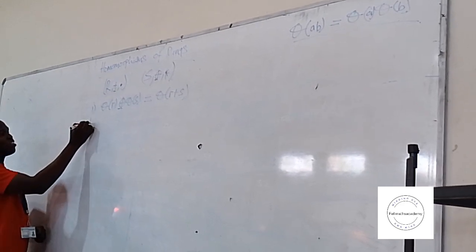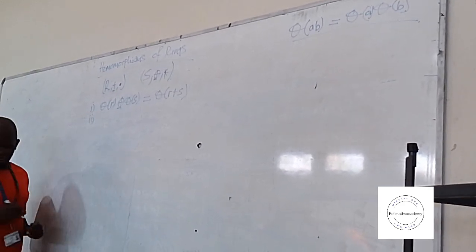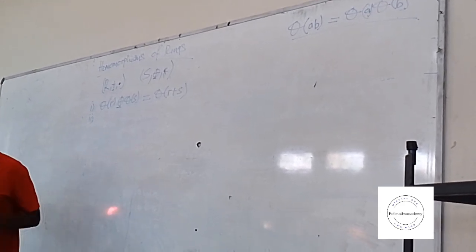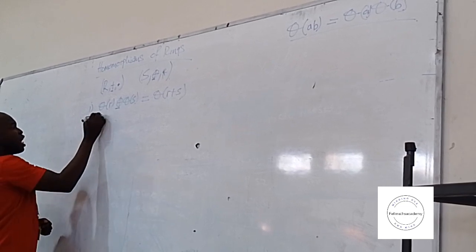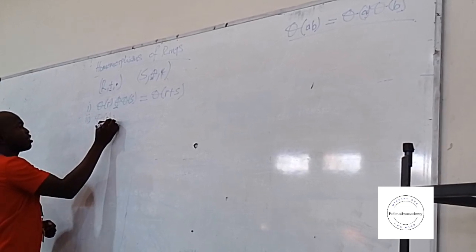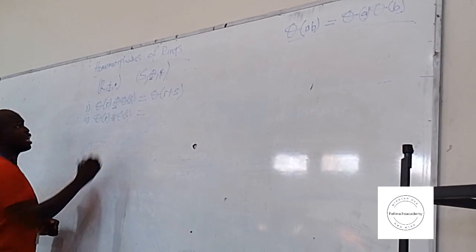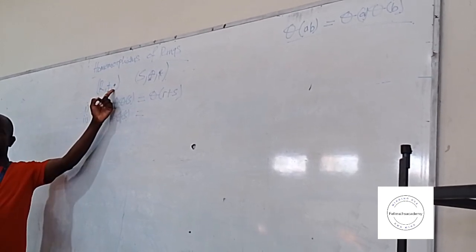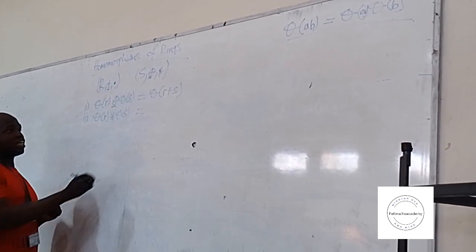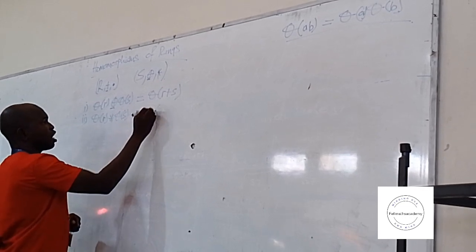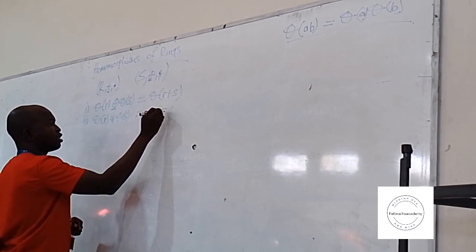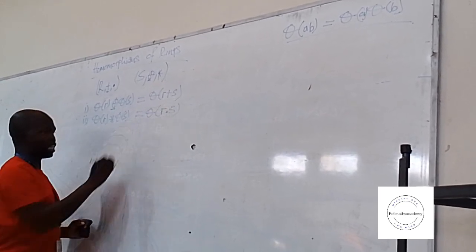Right, item 2. Theta of r star theta of s. Here we are operating with multiplication. Theta of r dot s.